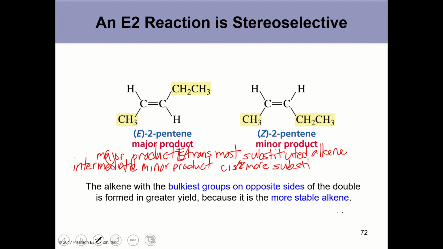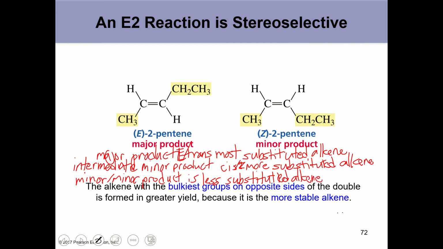Is the intermediate minor product. And then the minor product, the one that we have the least of, is the less substituted alkene, if one is possible to make.